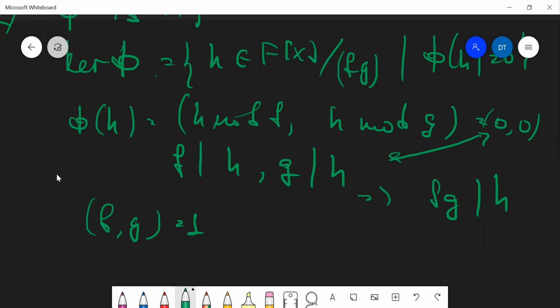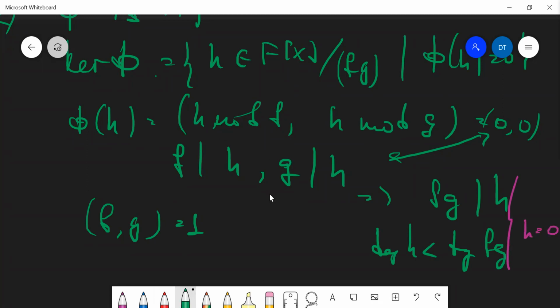But by definition, h is a polynomial of degree strictly smaller than the degree of f times g. Since the degree of h is strictly smaller than the degree of the product, the only option is that h is 0.